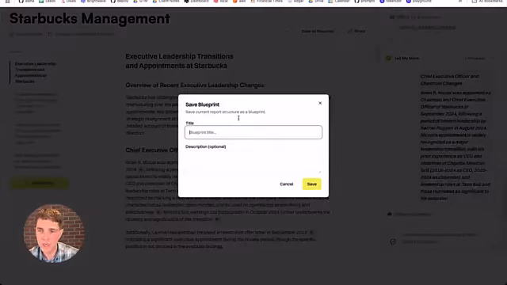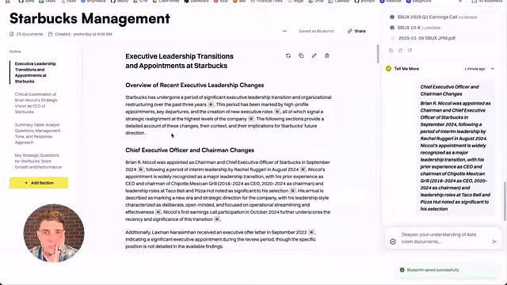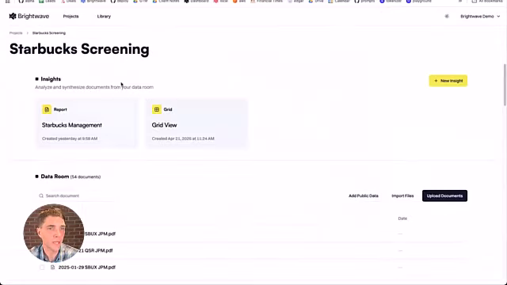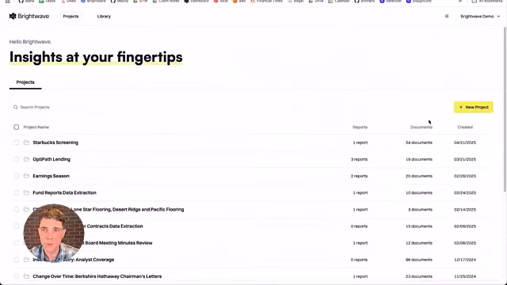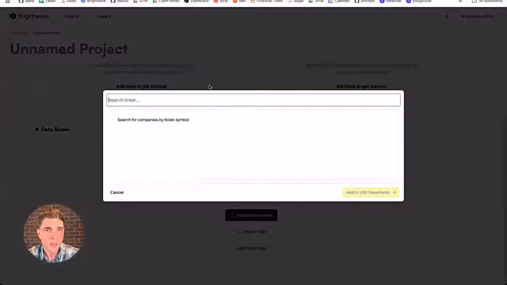So if I have an analysis, if I say, listen, I like this set of questions to get up to speed on management for a company, I can say, I'm going to say this is a management primer. I can now step into a new company. I can say, well, I want to look at Rivian, for example.